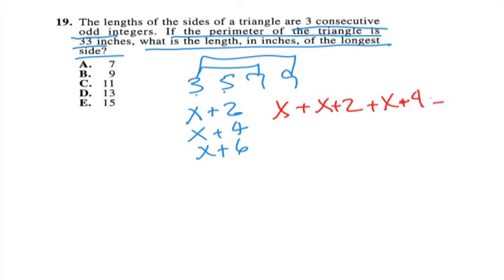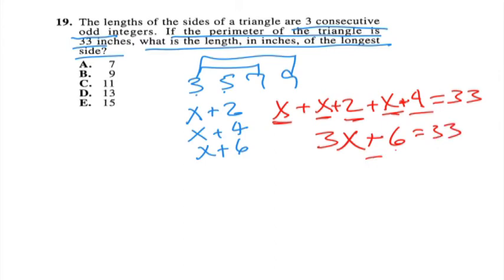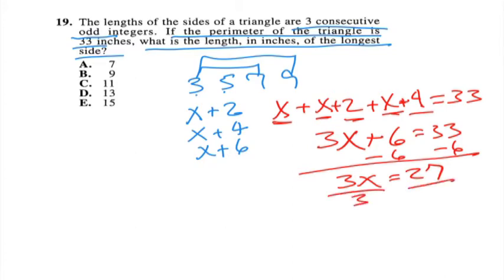And they told me that totaled 33. So I add up my x's, 1, 2, 3 x's, plus 4 plus 2 is 6, equal to 33. Now we subtract the 6 from both sides, and we get 3x equals 27.